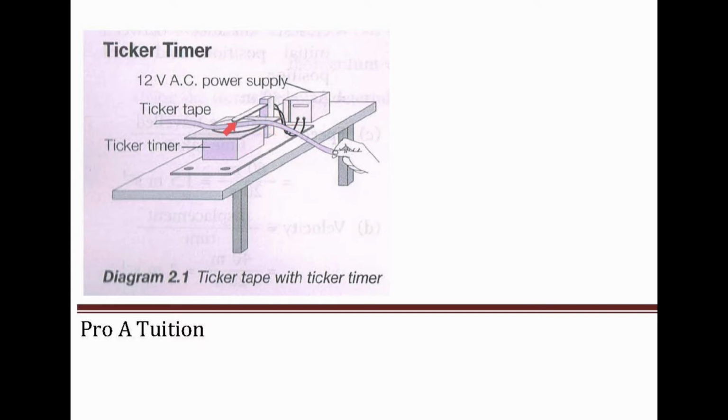When you turn on the electricity, this particular part, like a needle pressing the ticker tape, will start to move up and down. When the ticker tape is pulled because of the motion of an object, this part will put dots on the ticker tape.